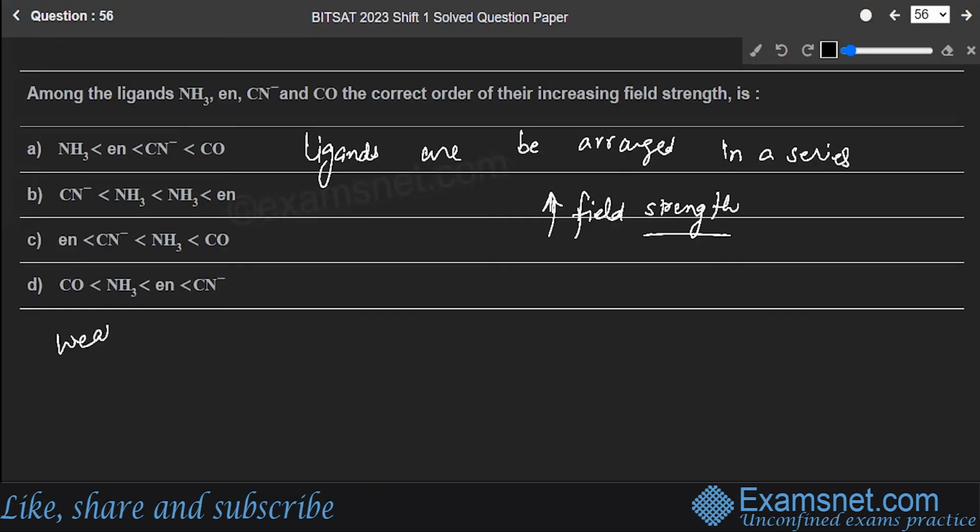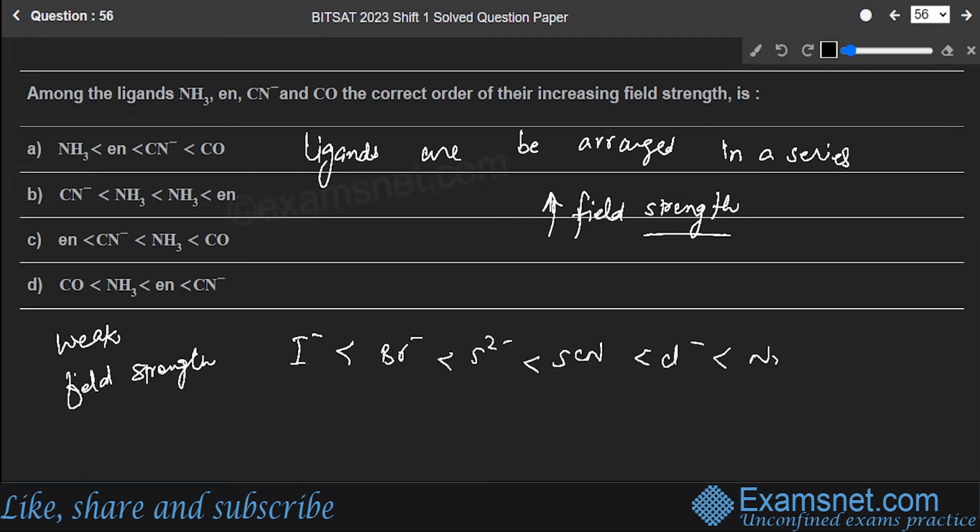For the weak field strength, you have iodide, bromide, sulfide, SCN, chloride, and N3 minus, fluoride, urea, hydroxyl, and this is again less than oxalate.